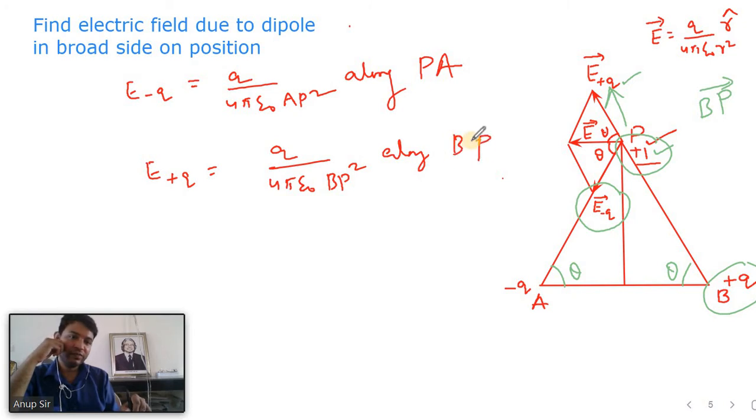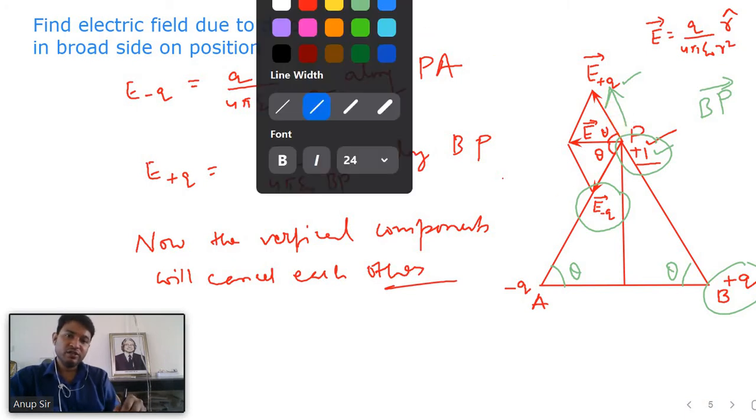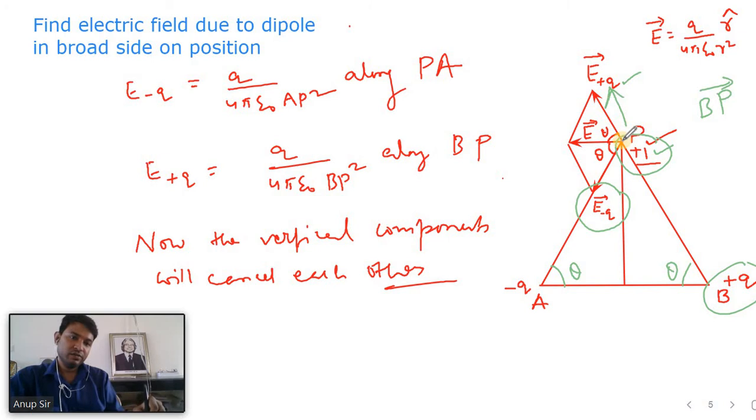Now the vertical components will cancel out each other. You can see over here. If I draw the vertical component in the upward direction, similarly if it is resolved, we will get it in the downward direction.